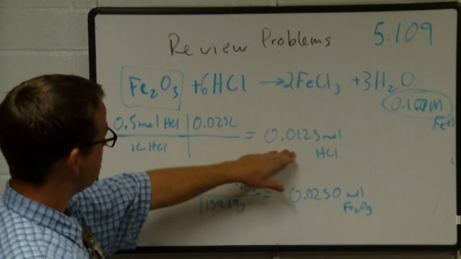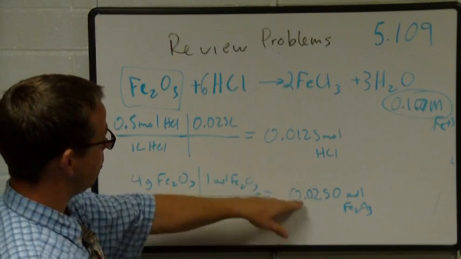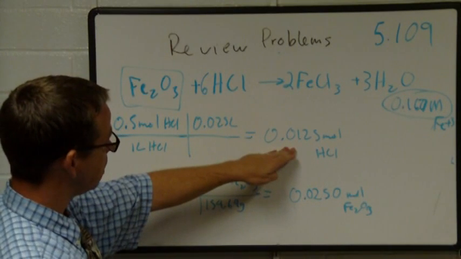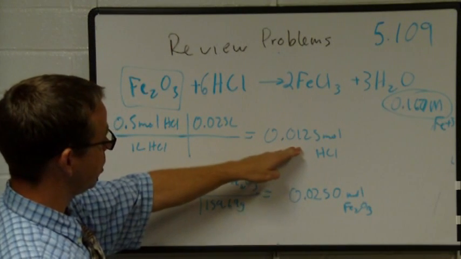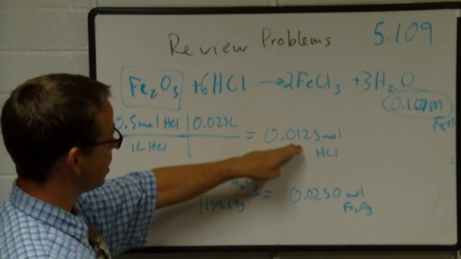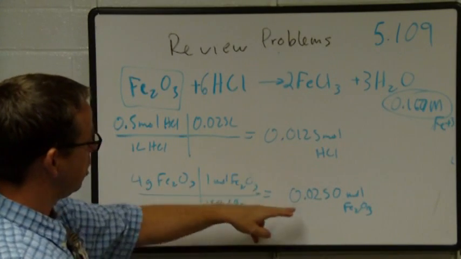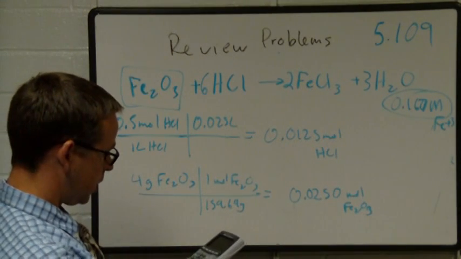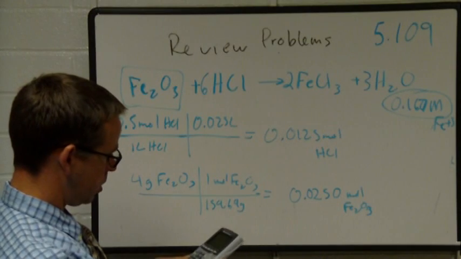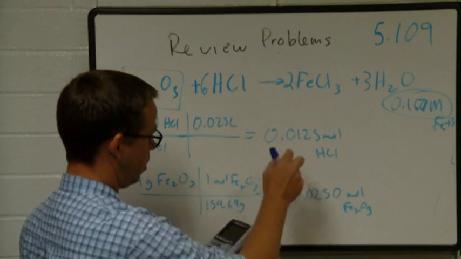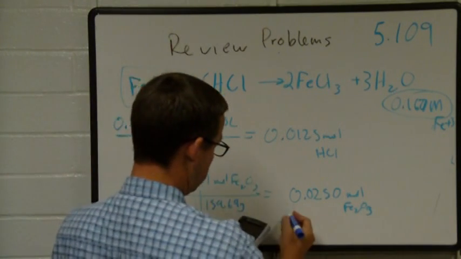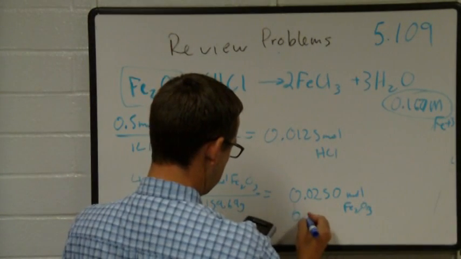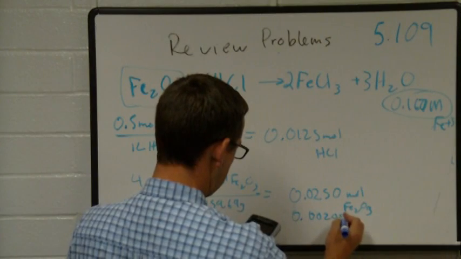So we need 6 of these for every one of these. If this represents how much HCl we had, then we're only going to be able to consume 1/6 that many moles of iron oxide. So if we take this 0.0125 and divide it by 6, that should be how many moles, which is 0.00208.